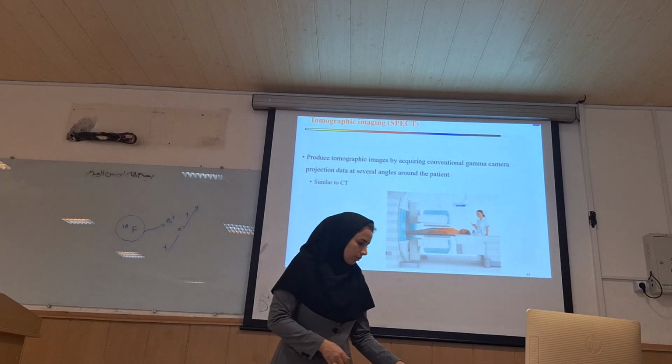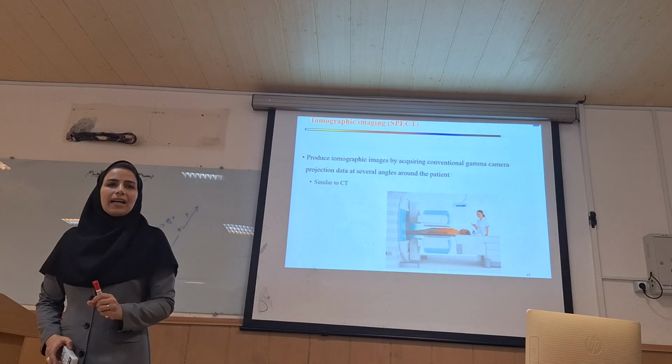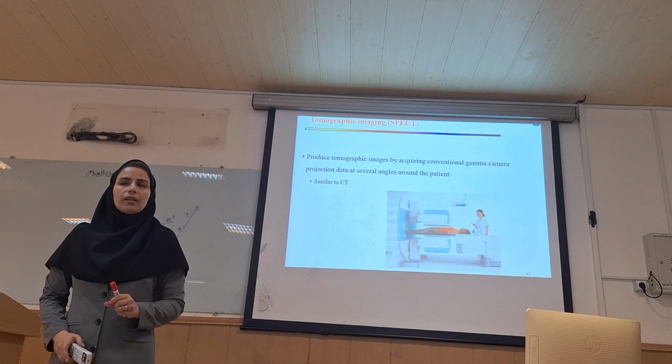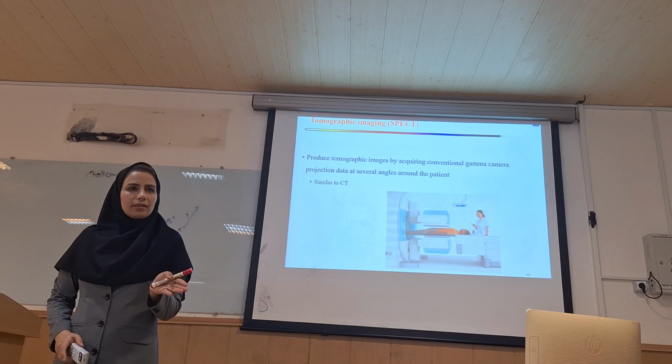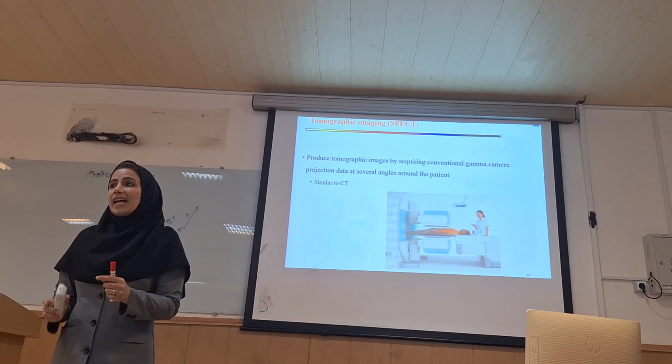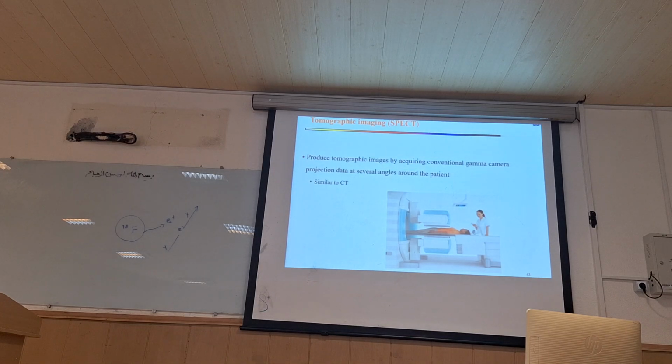I said we have planar imaging and 3D imaging. Planar imaging is done by the gamma camera, and 3D imaging by SPECT. Now I want to explain the difference between planar imaging, or 2D imaging, and 3D imaging.